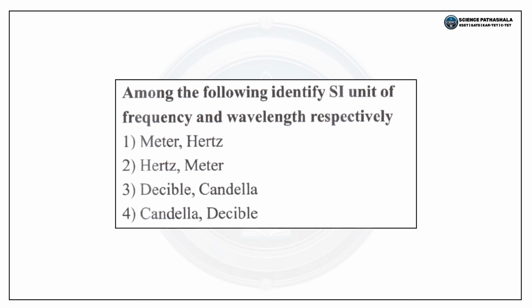So the next question is, among the following identify SI unit of frequency and wavelength respectively. Options ಈ ರೀತಿ ಇದೆ. ಮೀಟರ್, ಹರ್ಟ್ಸ್, ಹರ್ಟ್ಸ್ ಮೀಟರ್, ಡೆಸಿಬಲ್, ಕ್ಯಾಂಡೆಲಾ, ಕ್ಯಾಂಡೆಲಾ ಡೆಸಿಬಲ್. ಡೆಸಿಬಲ್ ಅಂದರೆ it is used to measure the loudness, ಕ್ಯಾಂಡೆಲಾ ಅಂದರೆ it is used to measure the luminous intensity. ಅಂದರೆ ಈ ಆಪ್ಷನ್ ತಪ್ಪಾಯಿತು, ಈ ಆಪ್ಷನ್ ತಪ್ಪಾಯಿತು. ಸೊ ಫ್ರೀಕ್ವೆನ್ಸಿ ಅಂದರೆ it is measured in hertz. ಆಮೇಲೆ wavelength it is measured in terms of meter.